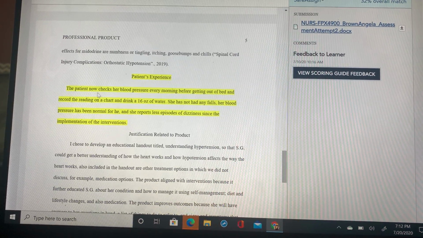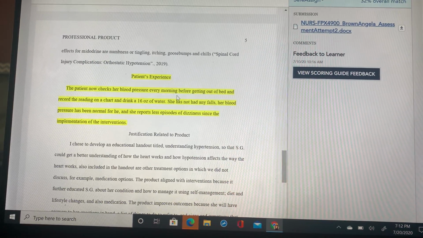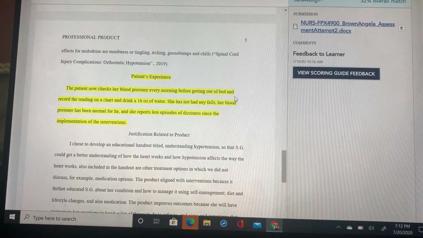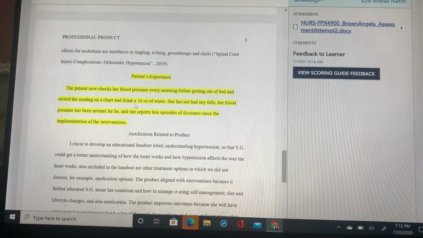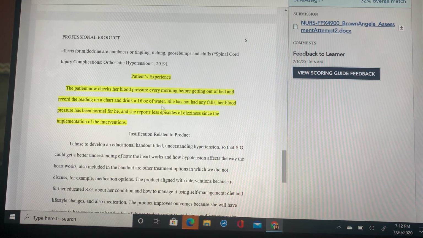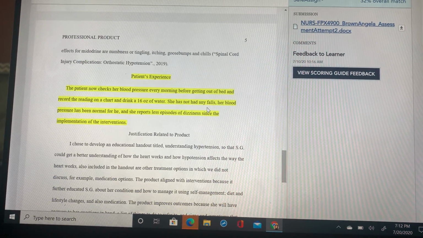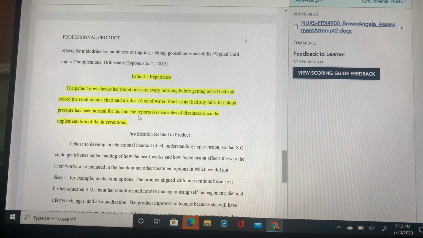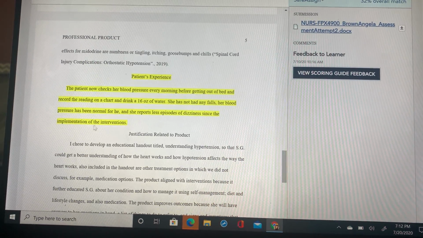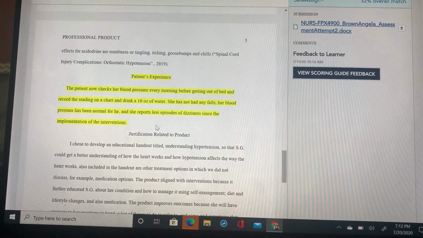The patient now checks her blood pressure every morning before getting out of bed and records the reading on a chart and drinks 16 ounces of water. She has not had any falls. Her blood pressure has been normal for her, I'm supposed to say her, and she reports less episodes of dizziness since the implementation of the interventions.